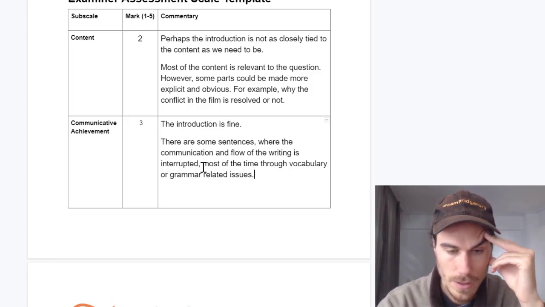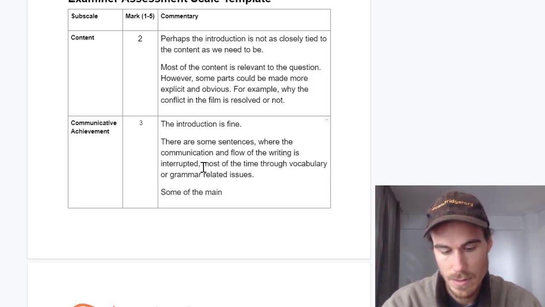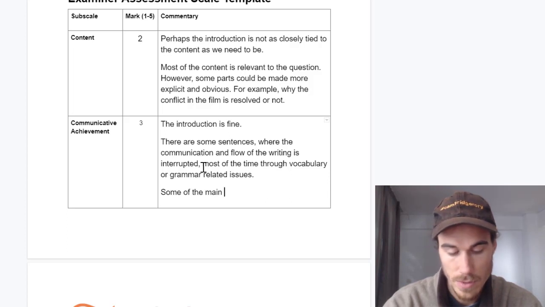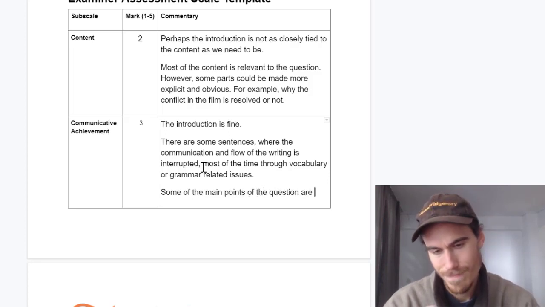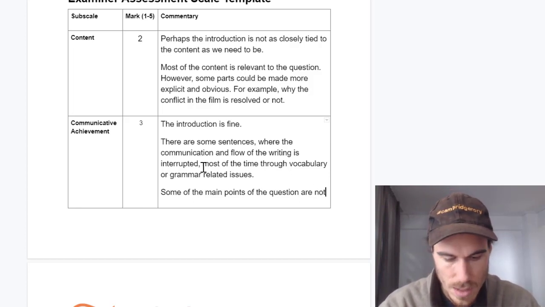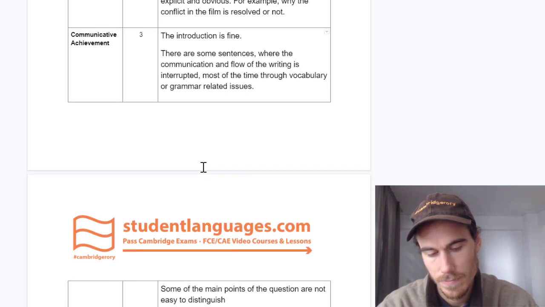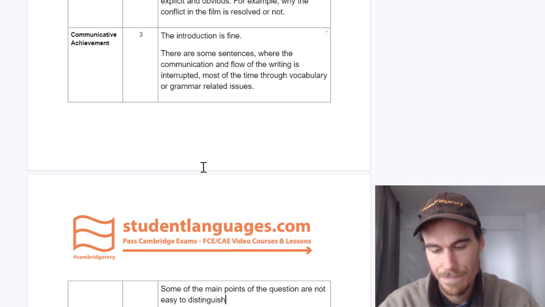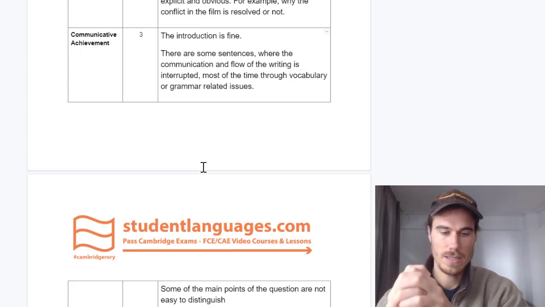And some of the main arguments, main points of the question, are not easy to distinguish, because, as I said earlier, they're not explicit enough in their separation, or it doesn't feel like you're addressing the main points as a whole point.